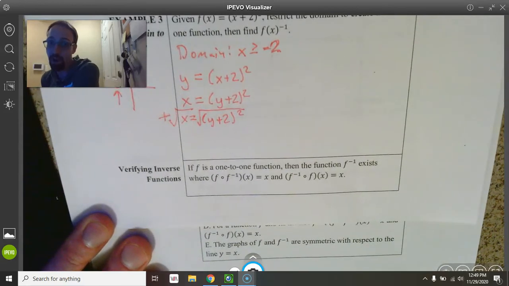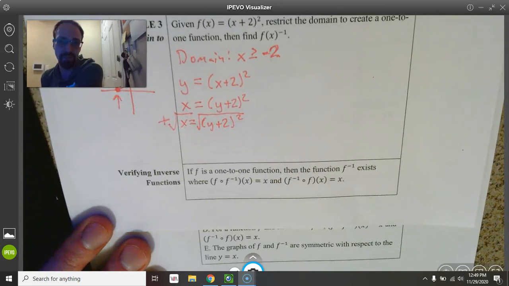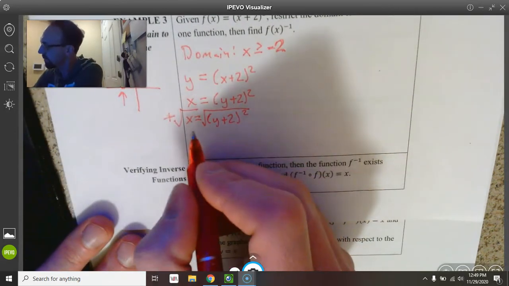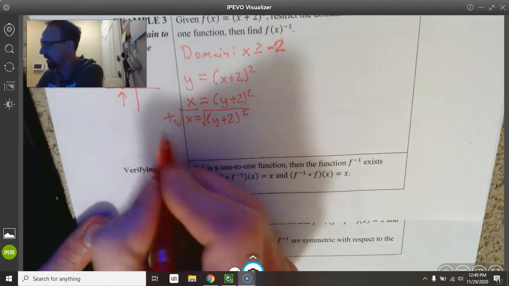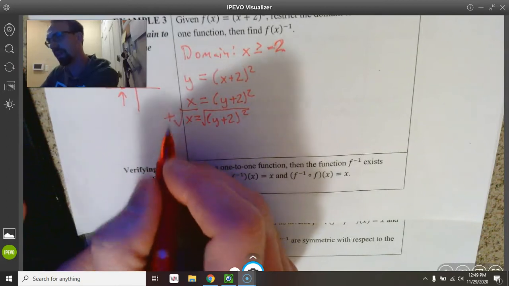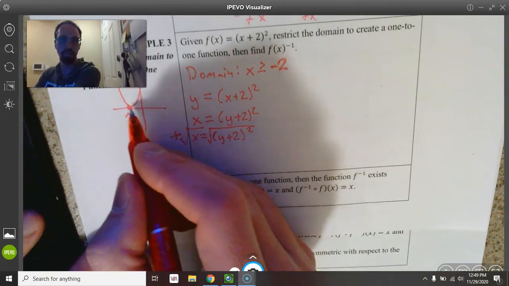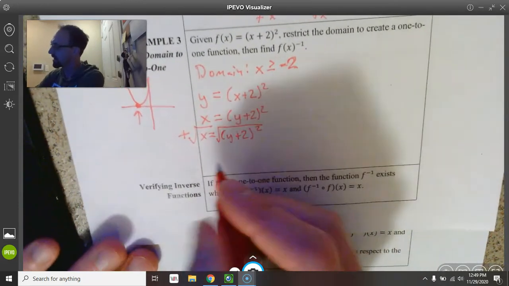So this restriction will also have to be able to have it also be one-to-one. And this is why we have to restrict the domain here in this case, because we have that plus and that minus. We get that duplicate. Same here on the graph. If you think, both the positive values and the negative values from this vertex.